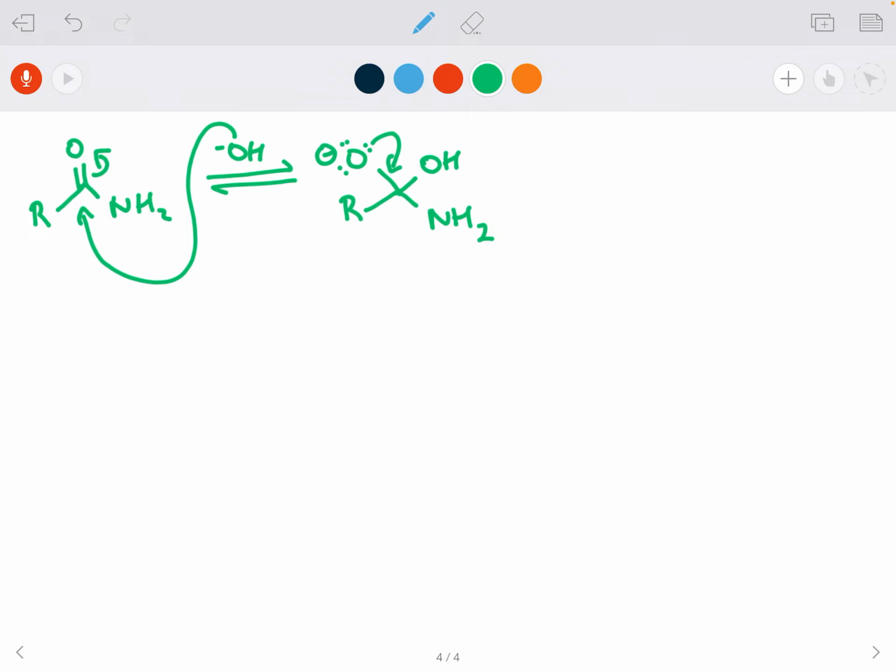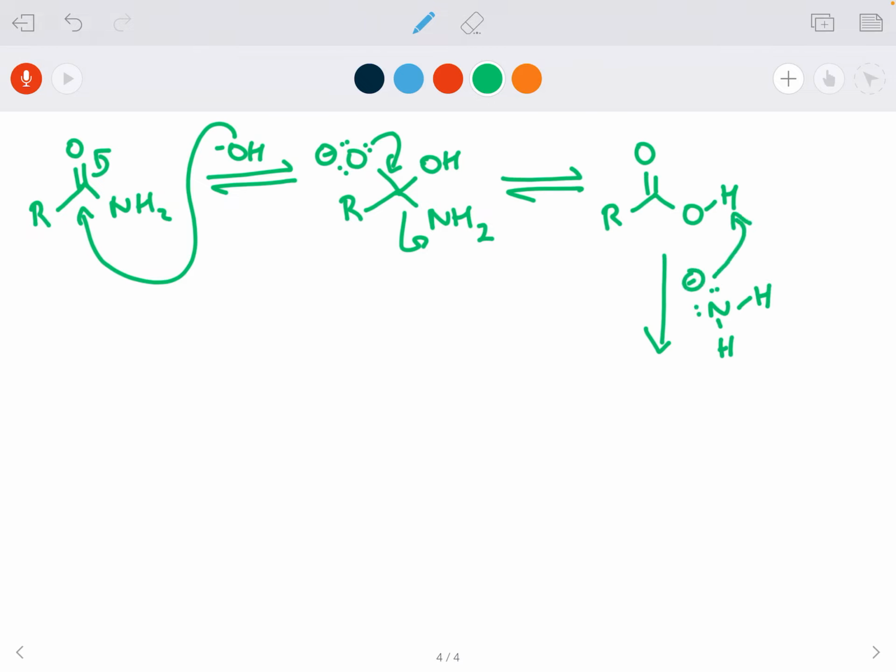So a lone pair from the oxygen can kick down immediately, kick off the NH2. And that gives me the OH, and then the NH2 will come and deprotonate the hydrogen. So really I get a carboxylate here, but all I need to do is add in an acid or something, and then I'll get my carboxylic acid rather than the carboxylate.